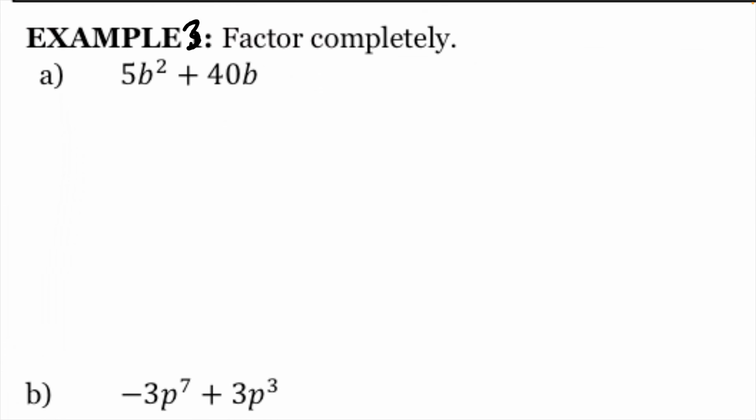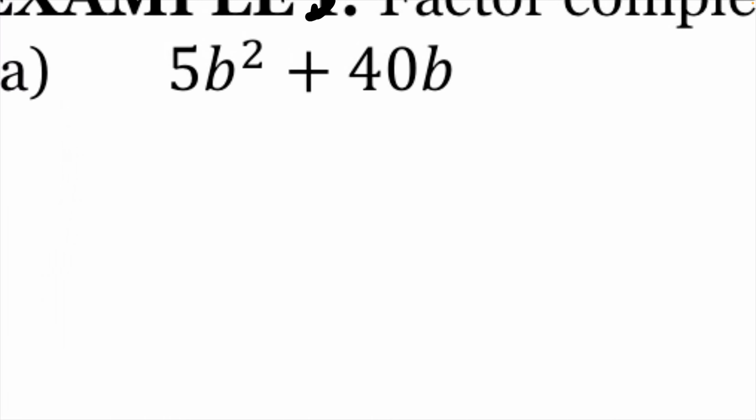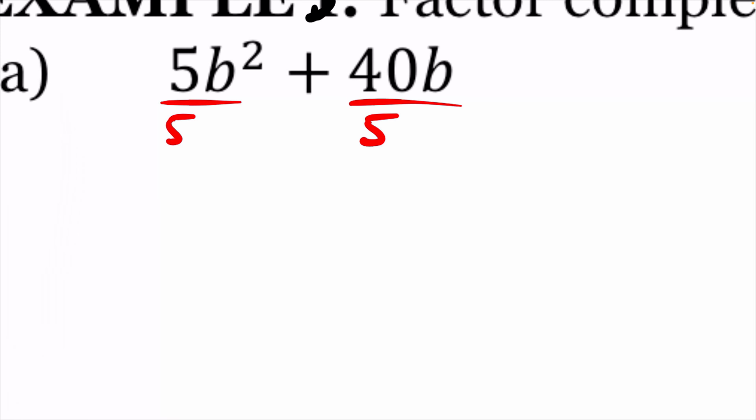GCF, okay, so let's look at the GCF. We did work on that in the first page. Is there a GCF? Start with 5 and 40. What's the biggest thing that goes into 5 and 40? Good. How about B's? What's the most amount of B's I can take away from both? 1. Good.